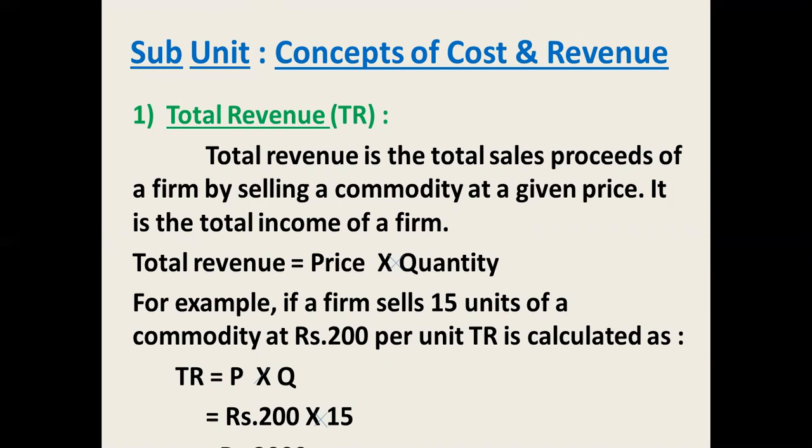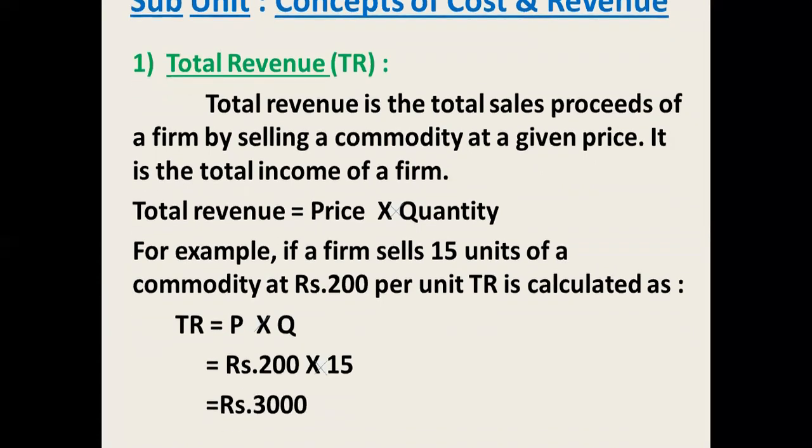The price of that commodity is 200 rupees, and he has to sell 15 units. So the answer is 200 rupees multiplied by 15, that is 3000 rupees. That is the total revenue.